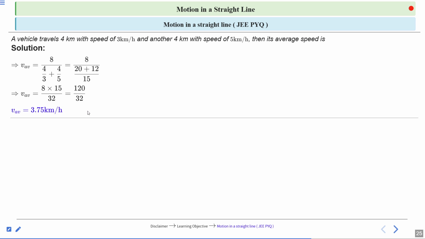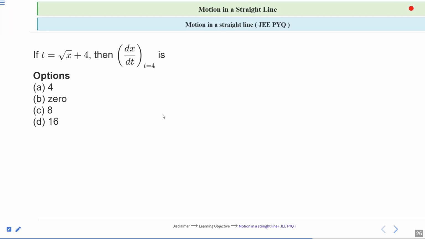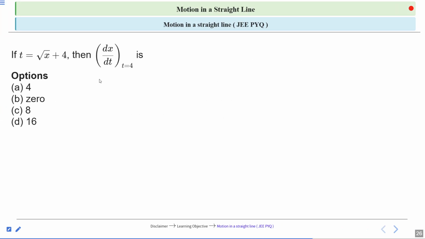Clear? If t equals under root x plus 4, then find out the differentiation of x with respect to t at t equal to 4. Given options, option A is 4, option B 0, option C 8 and option D 16. So which one is correct?